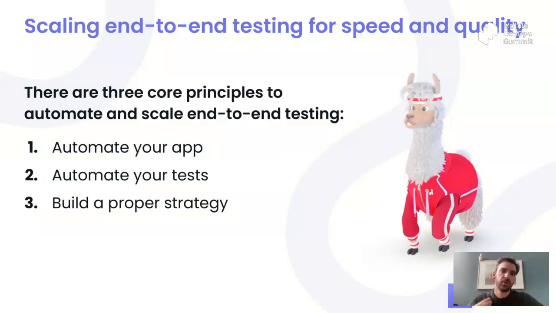So that's what we've decided to be the core principles to do successful end-to-end testing automation for mobile. You want to be able to automate your app. Only then do you want to automate your tests properly. And finally, you want to build a proper strategy around that.